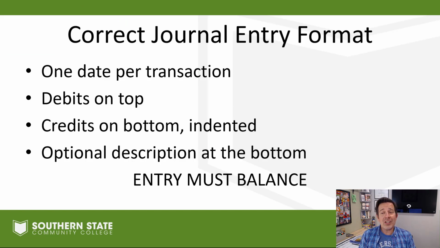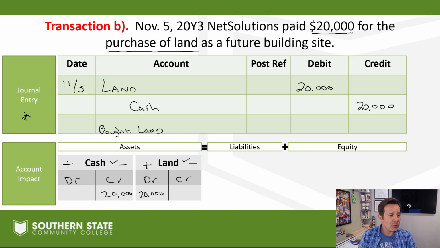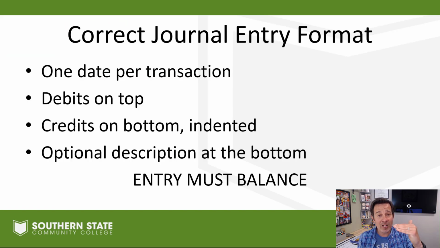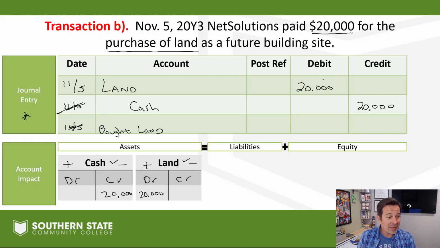The correct journal entry format. I've made 2 journal entries, and you notice I've done them a certain way. First thing, 1 date per transaction. I mentioned before, we don't write 11.5 3 different times. That's going to be really hard to read. We put 1 date, the very first line of the transaction. Okay? That's all we need. 1 date per transaction. We put the debits on the top. Notice I have my debit entry on top.